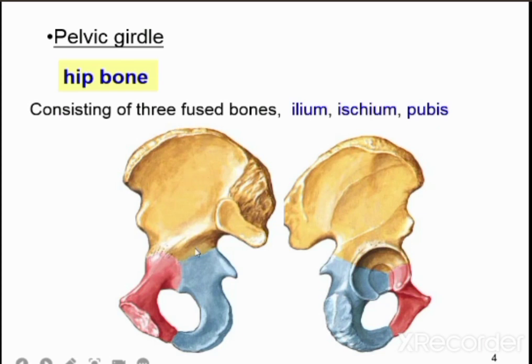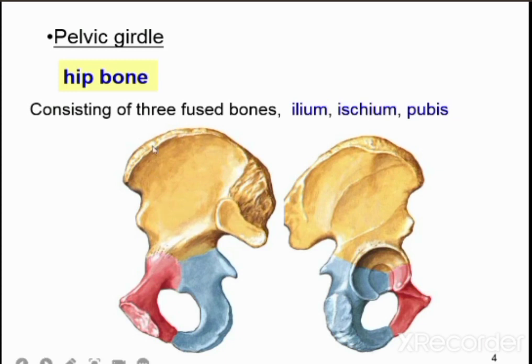This is the anterior view of the right hip bone. We can see it consists of three fused bones. In a baby, the three bones are isolated. However, in adults, the three bones are fused together and form one bone, the hip bone.